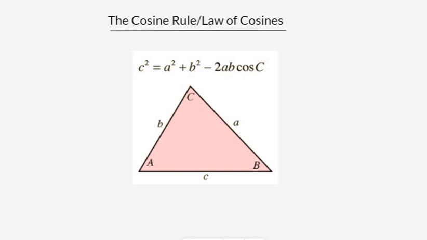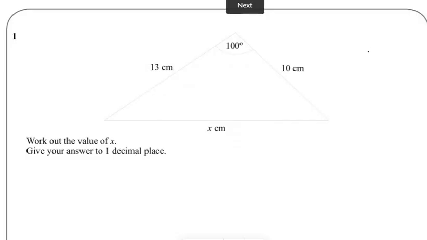And the rule is that your side a must be opposite to angle A. Your side b must be opposite to angle B, and side c will be opposite to angle C. So if you can identify your angles and sides with this in mind, then applying the cosine rule is very easy. So let's look at an example.